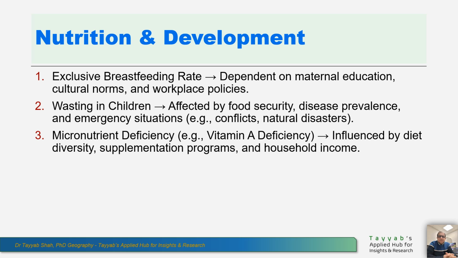Wasting in children is also a malnourishment kind of area. If you're looking at more health-related deficiencies, you can run this kind of analysis, and vitamin A deficiency is also included in those areas. So these are different examples of dependent variables or focus of research based on the multiple indicator cluster survey.